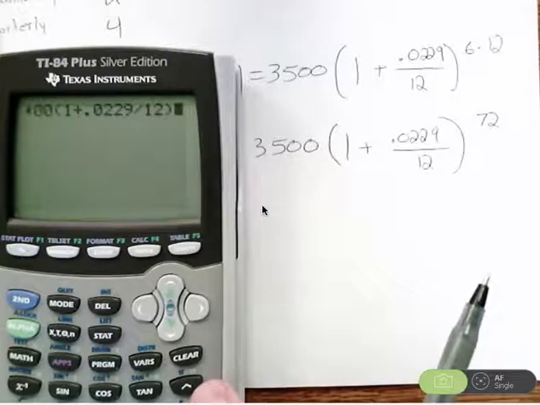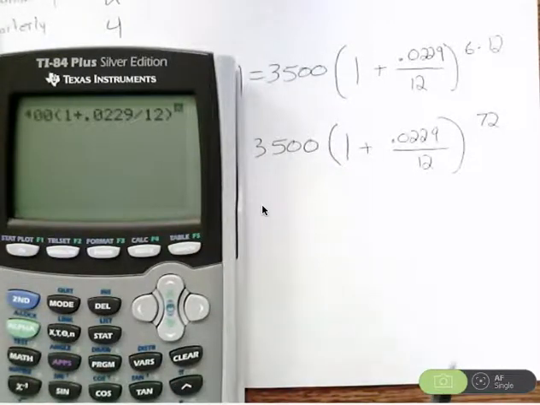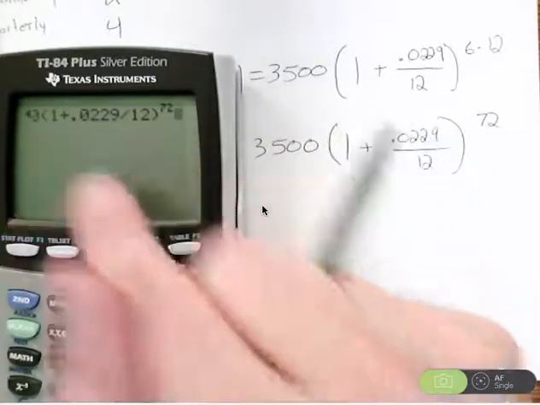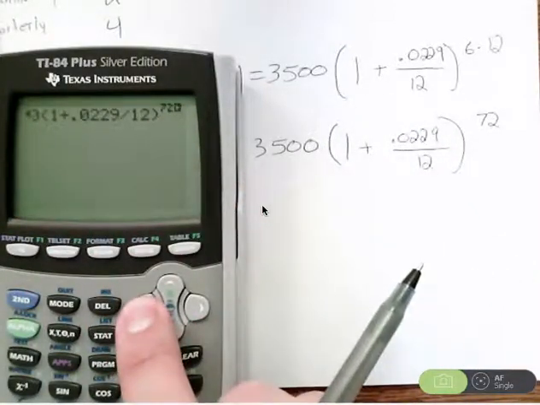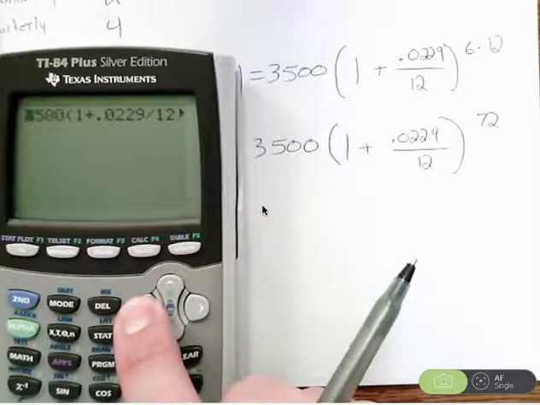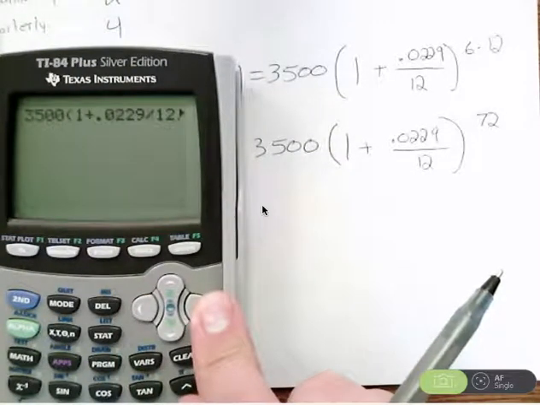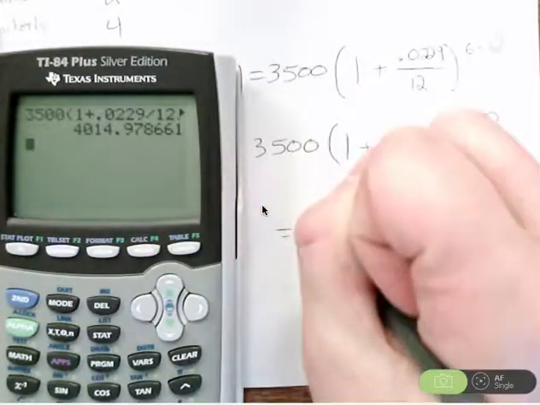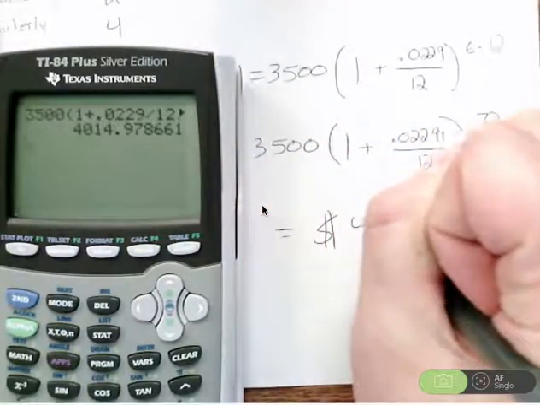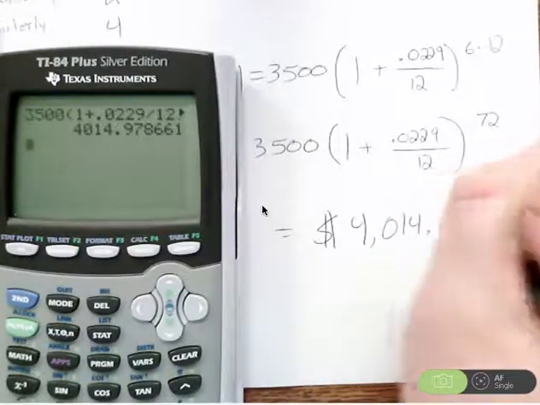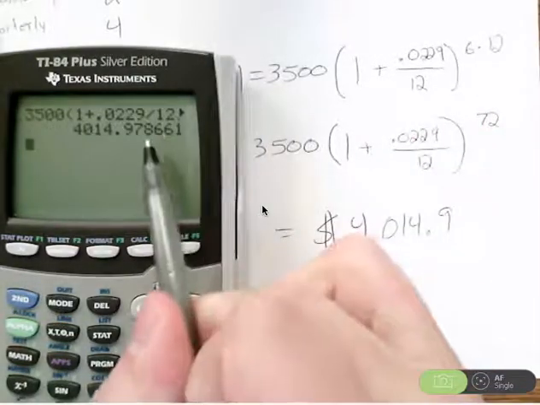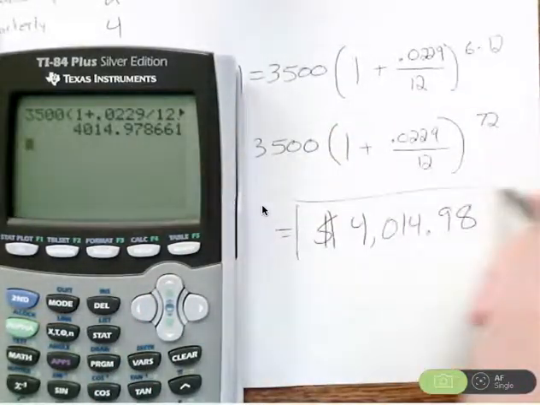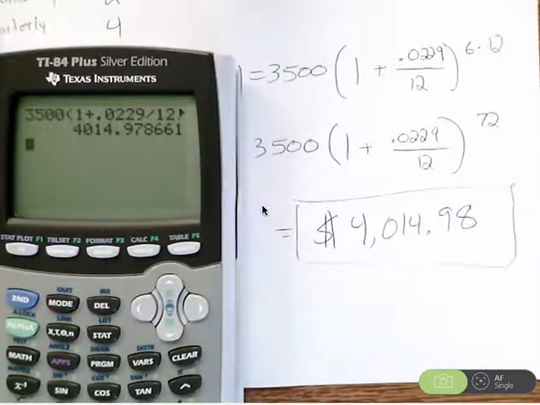So this is your exponent key. Exponent 72. I'm going to arrow over just to make sure everything's right, so I can look at what I have in my calculator and make sure it's the same as what I have written on my paper. Hit enter, and we get our answer, and this is money, $4,014.97. I'm going to round that up to 98 cents. And that is compound interest.